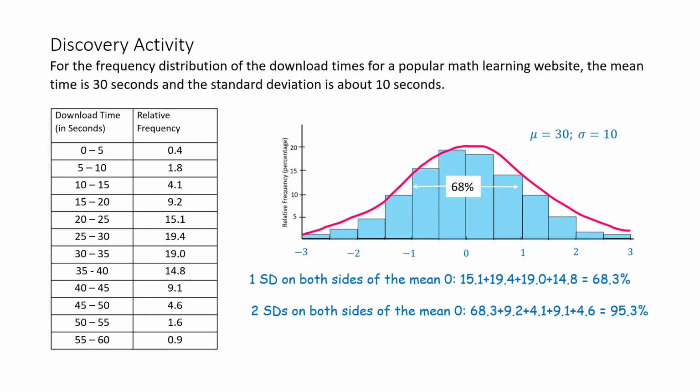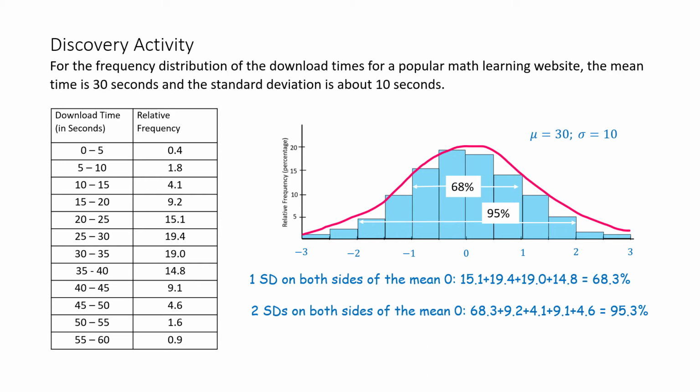The corresponding relative frequencies are 9.2 plus 4.1, and then 9.1, 4.6. Add those together and you get 95.3%. That corresponds to about 95% of the area under the normal curve between standard deviations of -2 and +2.